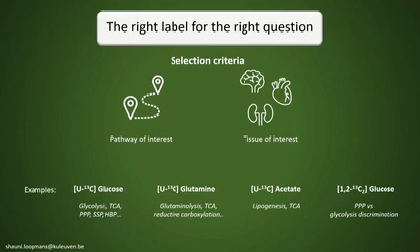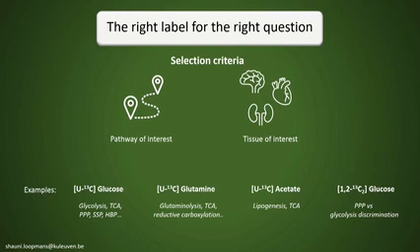Then we have glutamine for glutaminolysis, again TCA cycle or reductive carboxylation, acetate if you're interested in lipogenesis, and you can even use positionally labeled tracers. For example, 1,2 glucose if you want to discriminate between pentose phosphate pathway and glycolysis.